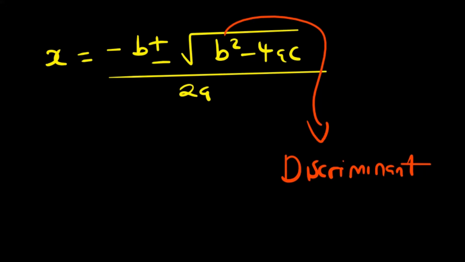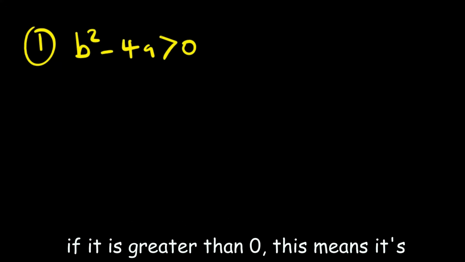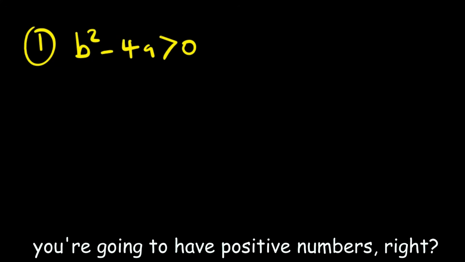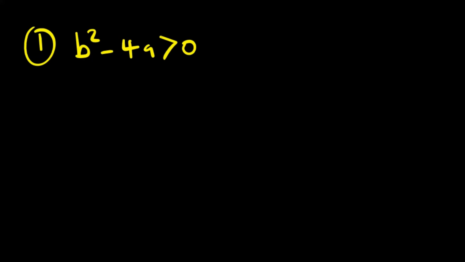Now this thing that is in the root, which we are calling the discriminant, number one you should know is that if the discriminant itself, b squared minus 4ac, is greater than 0, this means you are going to have a positive number in that root.